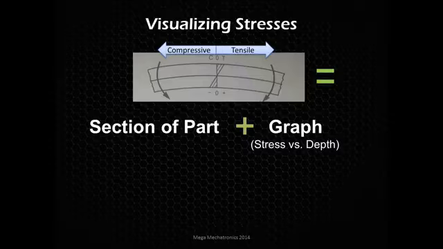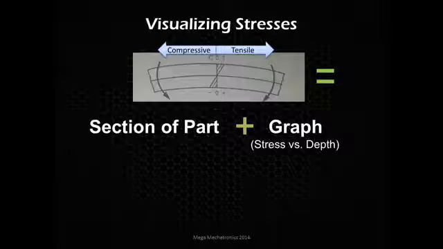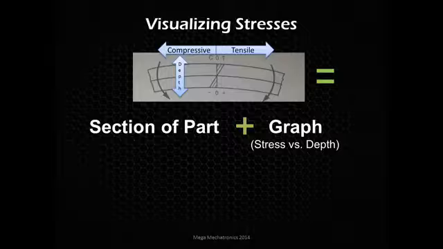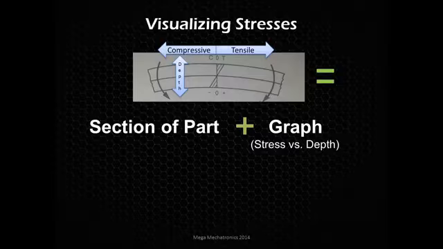You can see there's a C, a 0, and a T, and that's representing a compressive stress, a negative stress. And then going to the right is a tensile stress. And then for our other scale of this graph, we have the depth. So you see the top edge of the part is actually that top edge. There's a line in the middle. That's actually the middle of the part. And then we go on the bottom side.